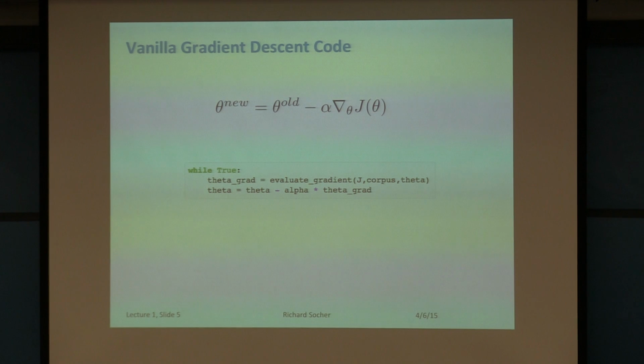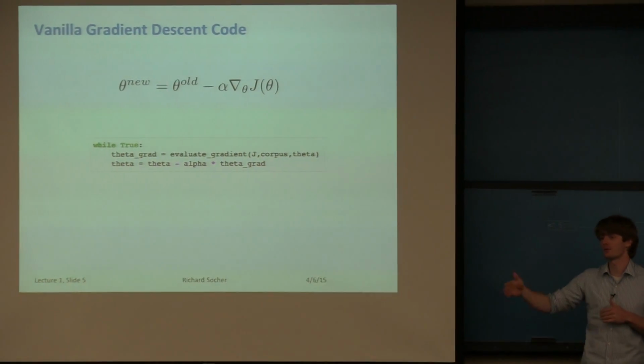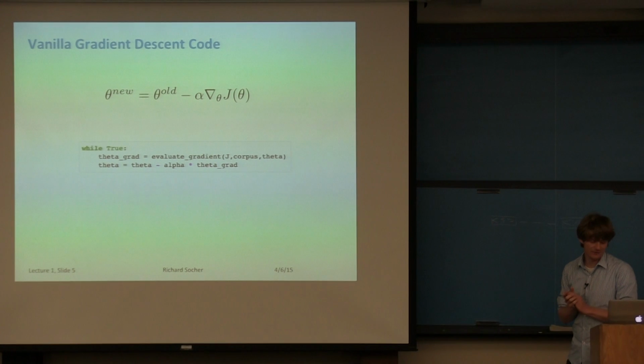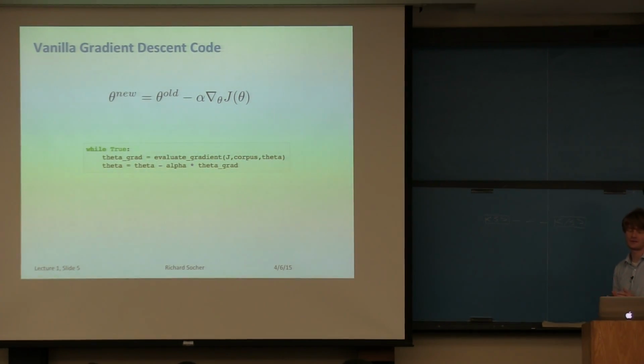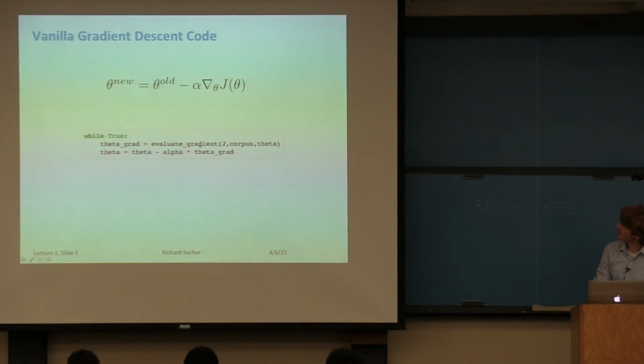Okay, so what would that look like in code? This is the most vanilla version of this; it'll be more complicated. We'll eventually have a maximum number of iterations, and there are lots of other clever things we can do. But the simplest way to update these vectors is by computing the gradients of the function J with respect to theta. Basically implement this function, evaluate the gradient here.